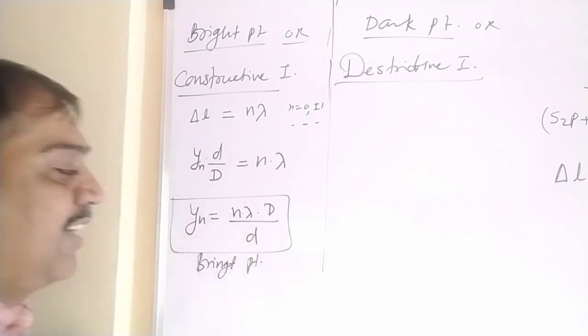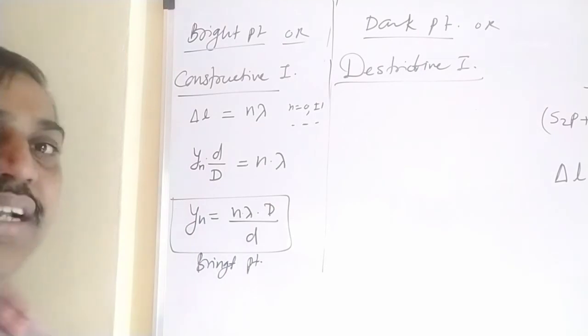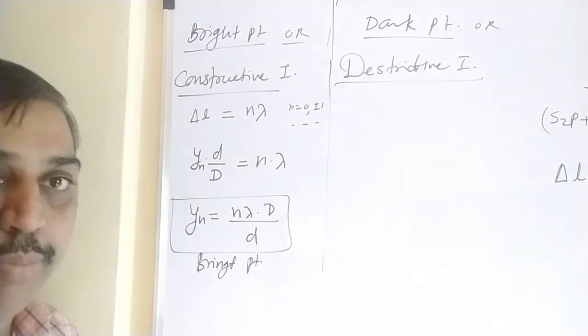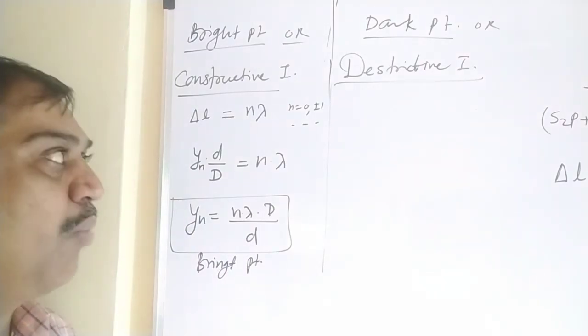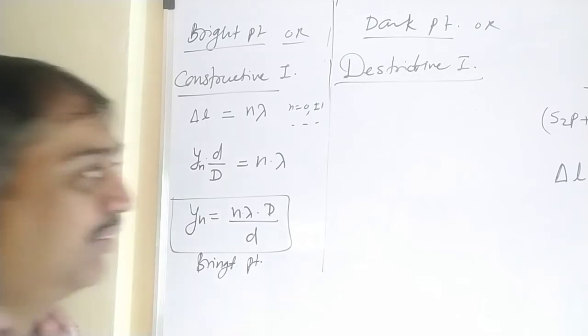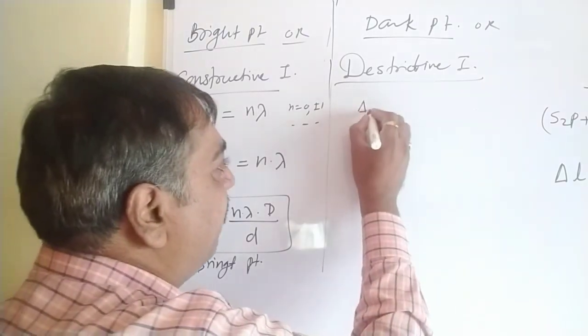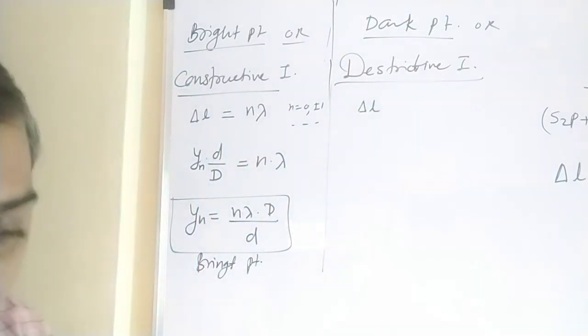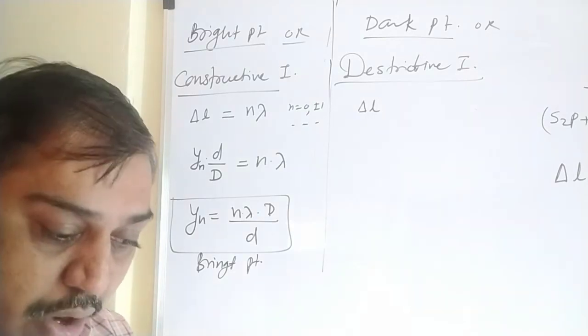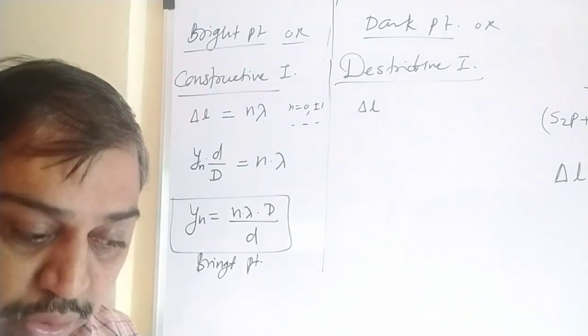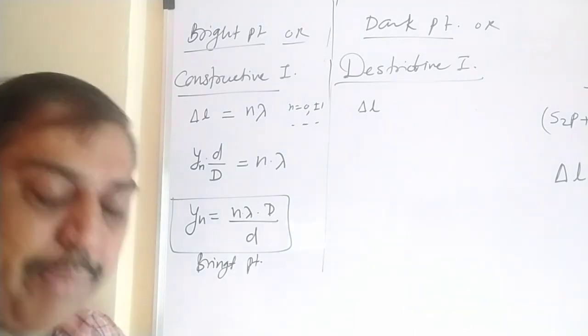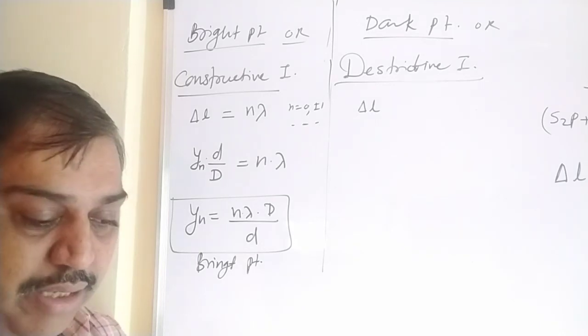When this condition is satisfied, point P at this distance will coincide with the bright point, otherwise it would be dark. Now what is the condition for destructive interference? Path difference delta L must be an odd multiple of lambda by 2, then it is said to be the dark point.